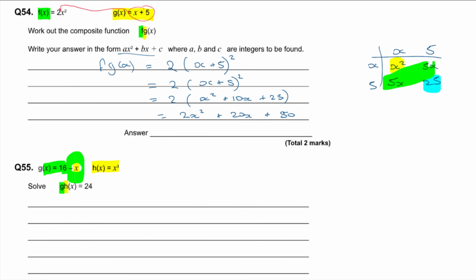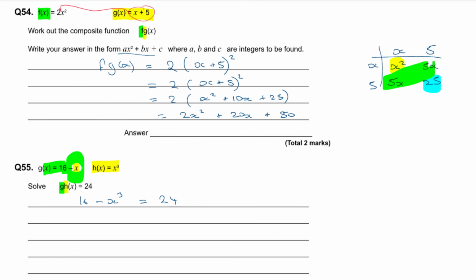All right? So I'm going to take that x cubed, I'm going to replace the x in g of x with x cubed, and then I'm going to get g of h of x. So that is going to be 16 minus, rather than having x, I'm going to replace x with x cubed, and then that is going to be equal to 24.